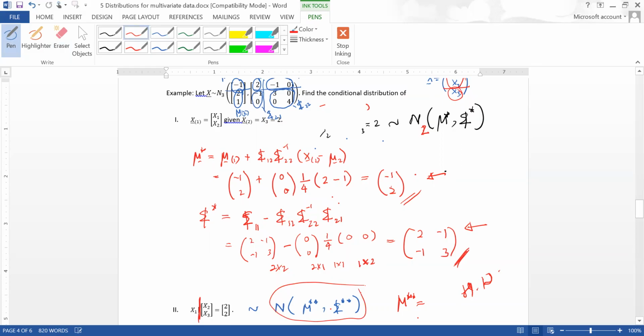What's the x1 given x2, x3 distribution? You have to pick the values of the vectors correctly, plug in and simplify. It's going to be a univariate distribution. So remember mu double star is a single value, sigma double star is also a single value. So that's the homework and you can do it, and see you next time if there are no questions.